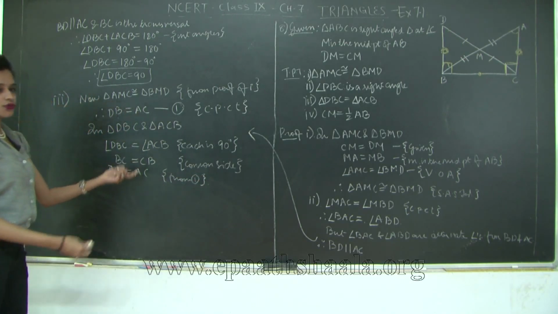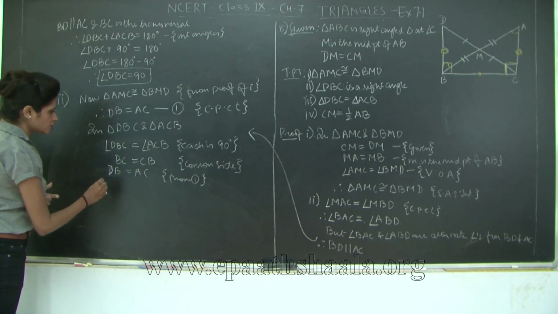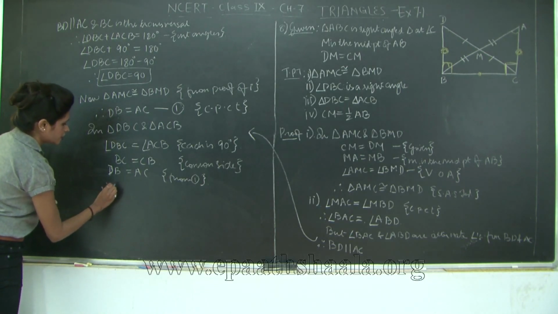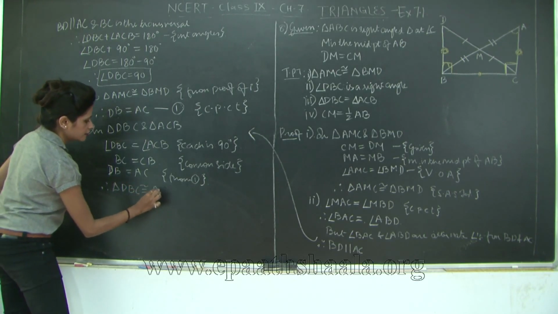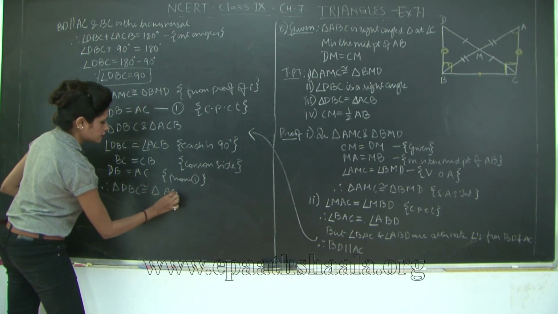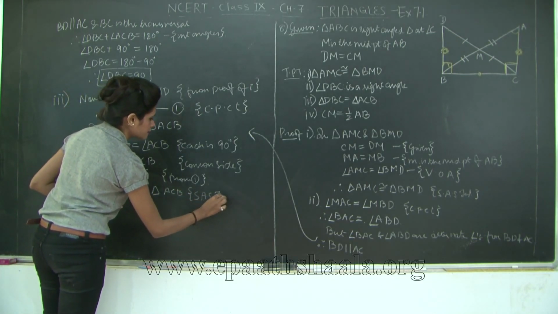Therefore, what can I say? That the two triangles are congruent by side angle side test of congruence. Therefore, triangle DBC is congruent to triangle ACB by SAS test.